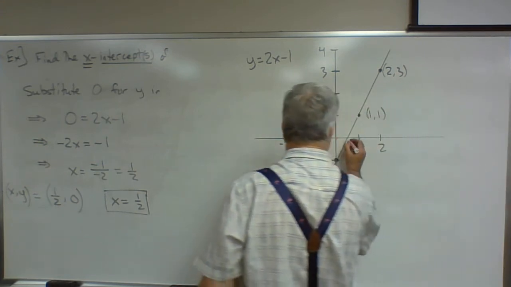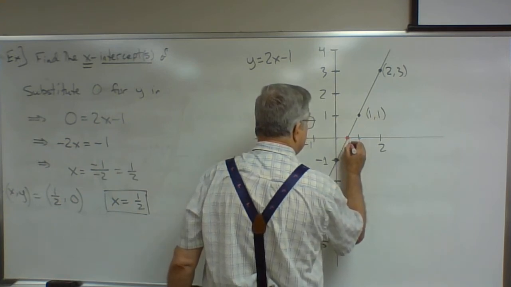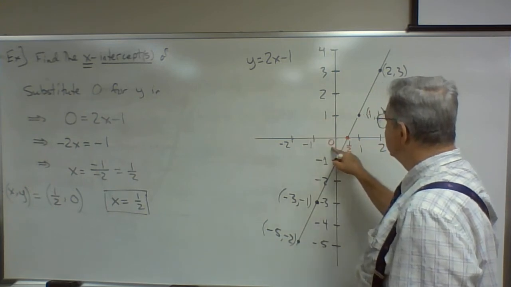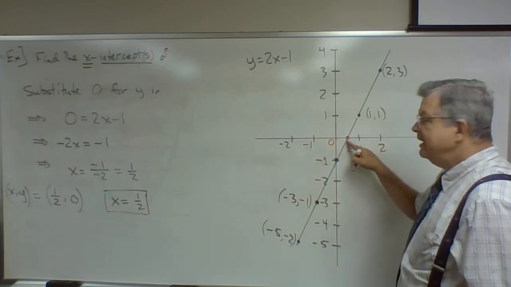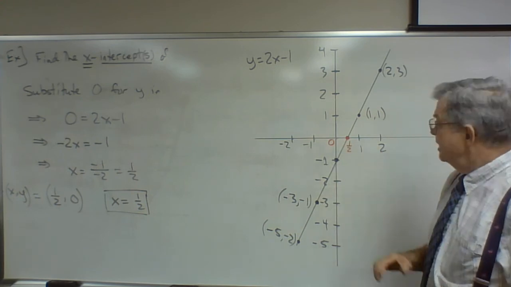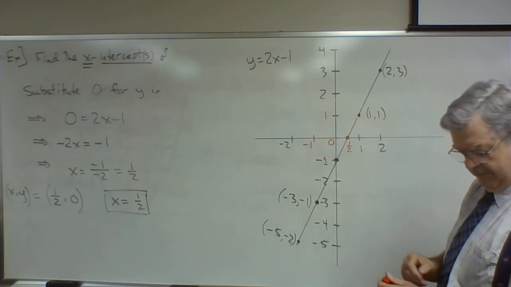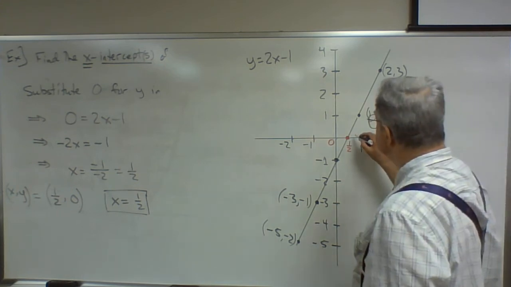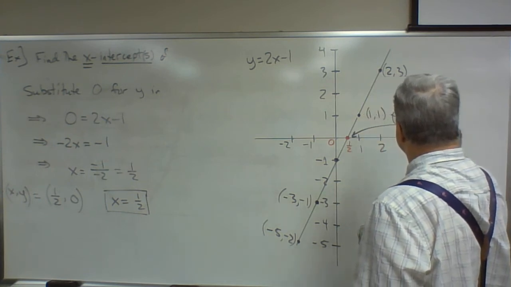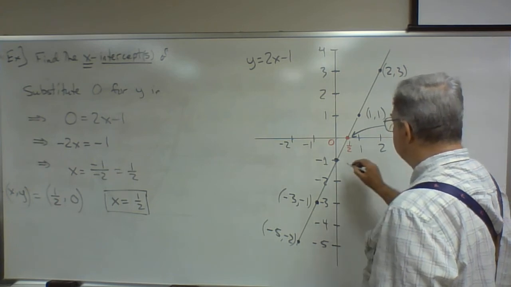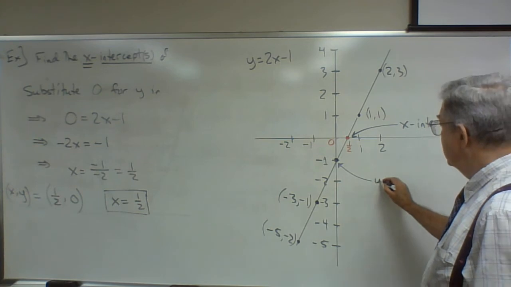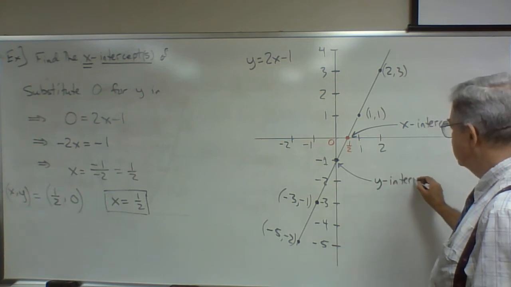Does that seem right? Let's see. Here's the origin, 0. Here's 1. And right smack in the middle between 0 and 1 is 1/2. Yep, here's our x-intercept. Here, as we already knew, our y-intercept.